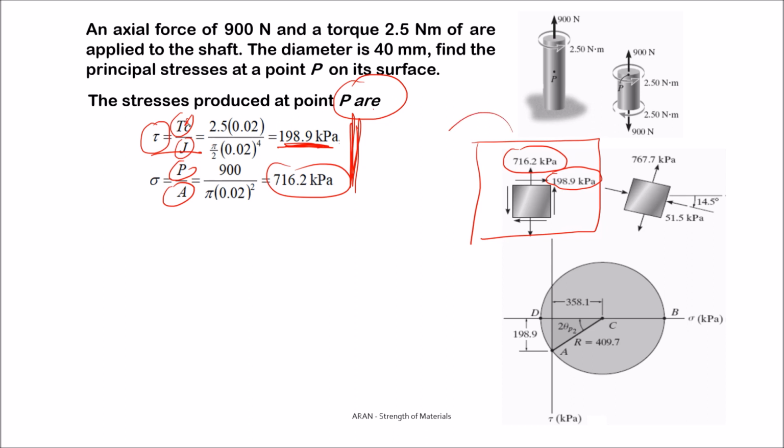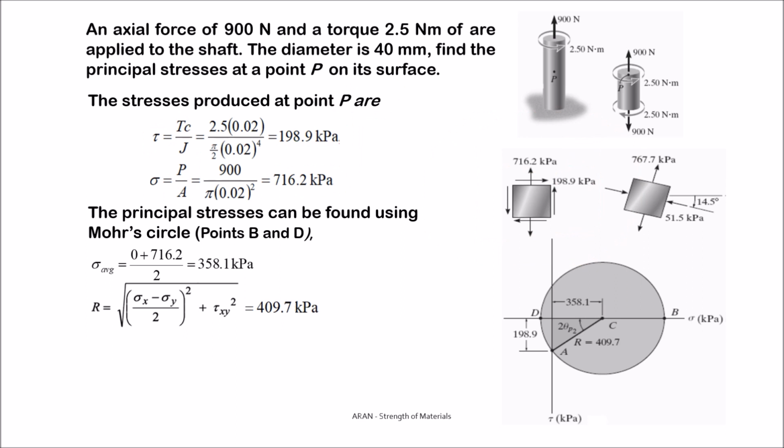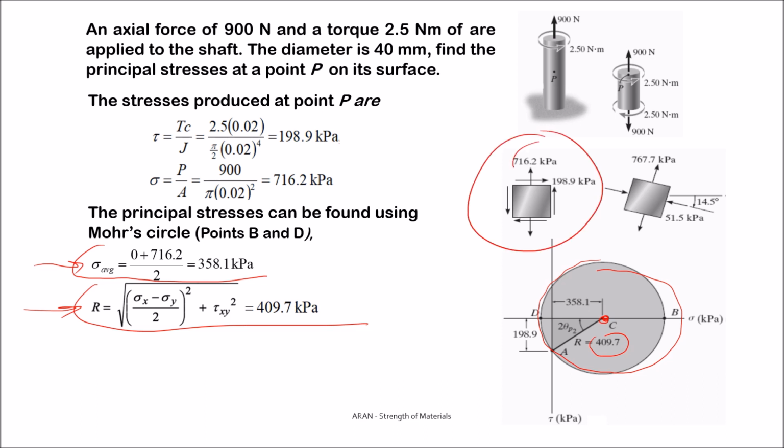For this case, I have to draw first the Mohr circle. For the Mohr circle, that's the location of the center, average stress, radius of the circle. So determine the center and draw the radius, and I get my Mohr circle. I can check whether these 2 points are on the circle or not.